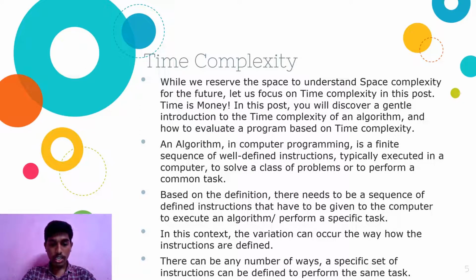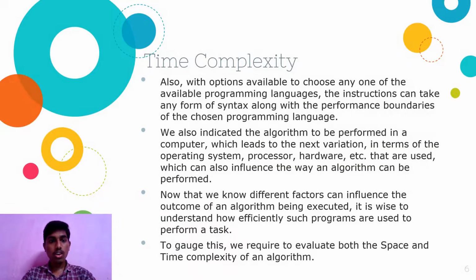There can be any number of ways a specific set of instructions can be defined to perform the same task. Also, there are options to choose any one of the available programming languages. The instructions can take any form of syntax along with the performance boundaries of the chosen programming language.